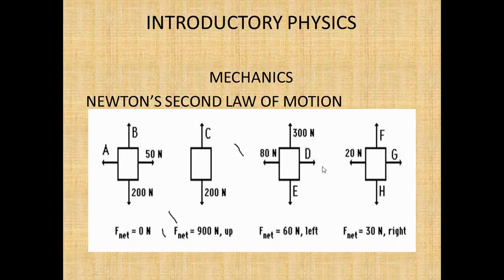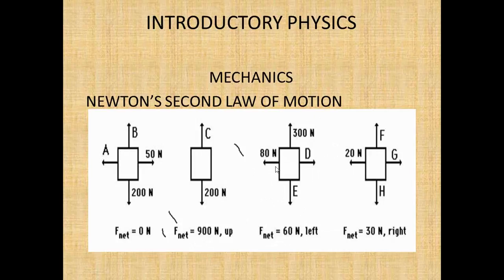In this scenario, the net force is 60 newtons to the left. So you have to indicate all the forces acting on this object. Again, your normal force is 300. So if this object is on a stable surface, then your force of gravity is going to be 300, similar to your normal force. So these two forces balance each other out.